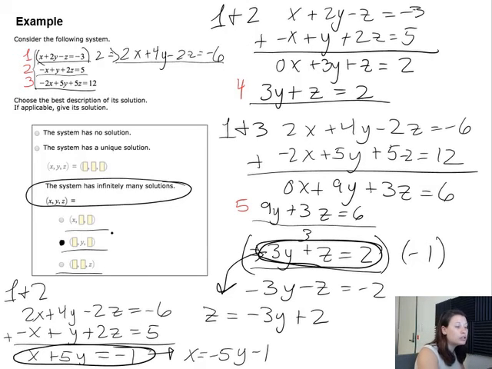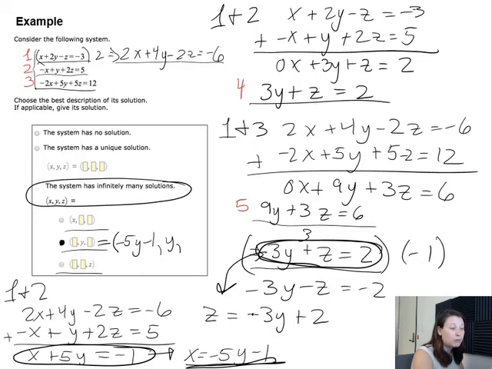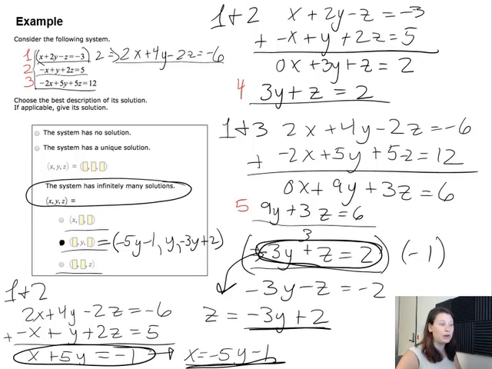So now what our solution ordered triple looks like is x, which is in terms of y, negative 5y minus 1, y, and then what z is in terms of y, which is negative 3y plus 2. That is our ordered triple now.